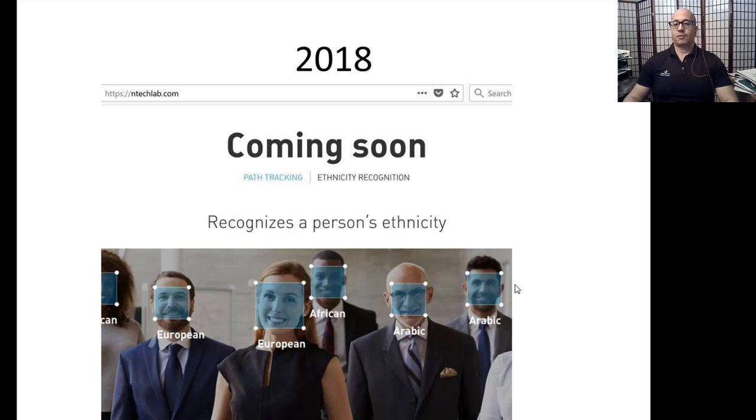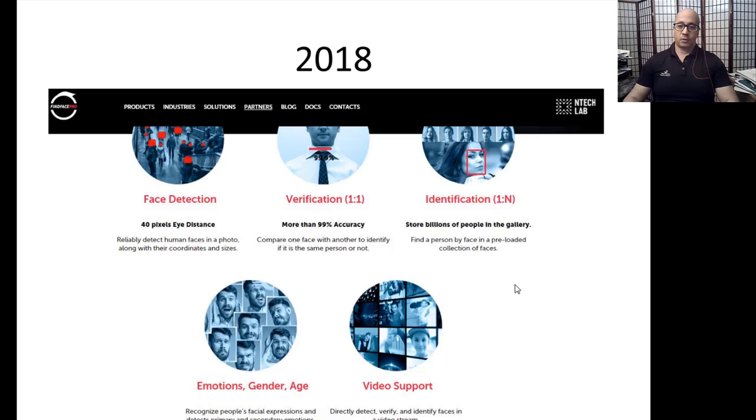Yes. Ethnicity. How does it recognize ethnicity? Well, it goes further. This is also from 2018. Not only does it give you the facial recognition, which it promises, it says verification of who that person is up to 99% accurate, stores billions of people in your own gallery, so you can select who belongs and who doesn't belong to that group.